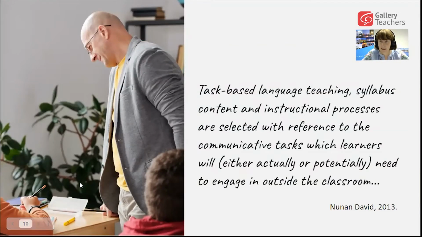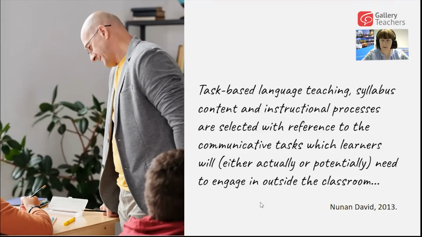In terms of task-based learning and task-based teaching, David Nunan wrote a lot about this, and his ideas, outline and guidance on this still apply. He said that in task-based language teaching, syllabus content and instructional processes are selected with reference to the communicative tasks which learners will either actually or potentially need to engage in outside the classroom.